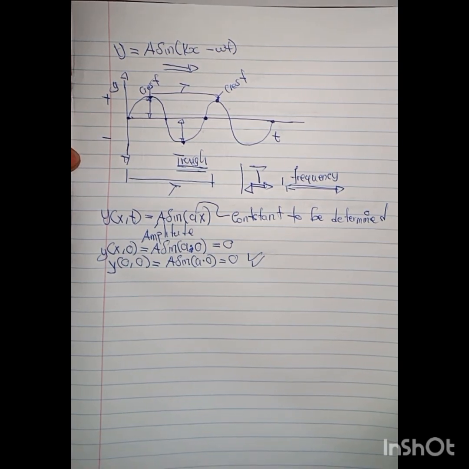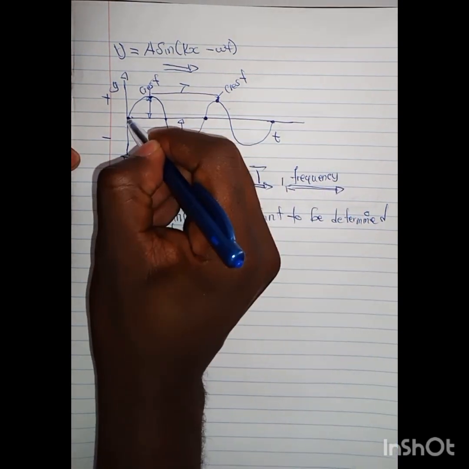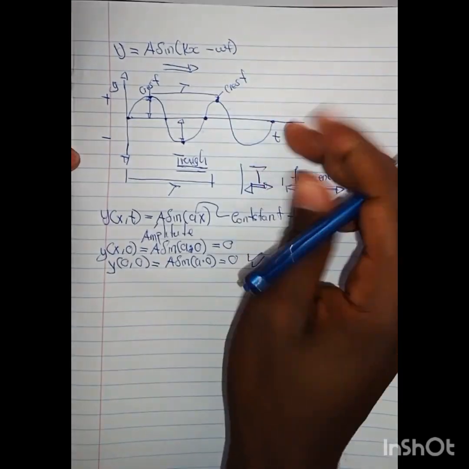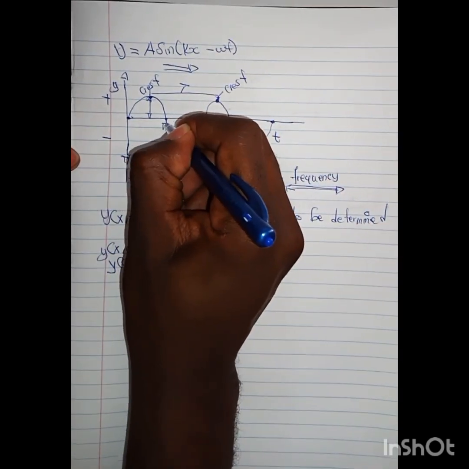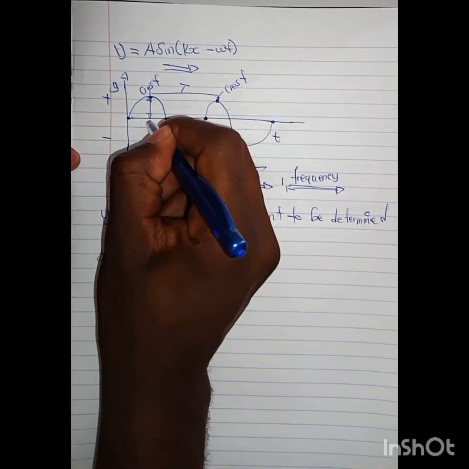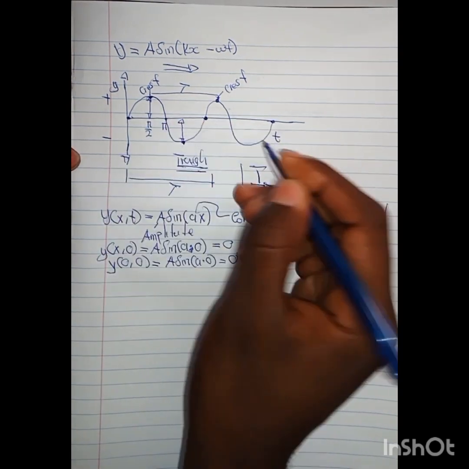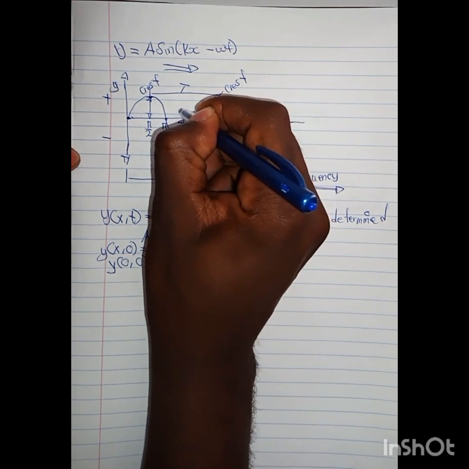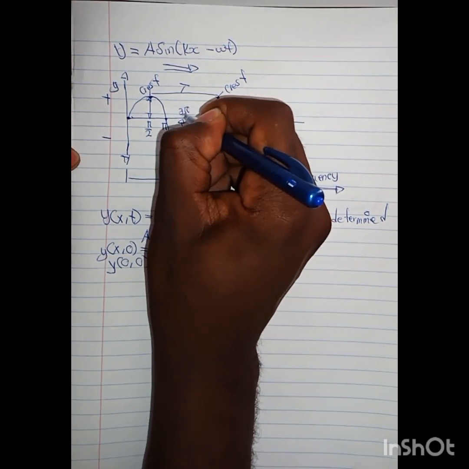For now, we want to look at another point where we will find our displacement as 0. Then check this over here. When we move from this point to this point, describing the motion now in radians, this is pi. And then this one over here is pi over 2. And then this point over there is 3 pi over 2.